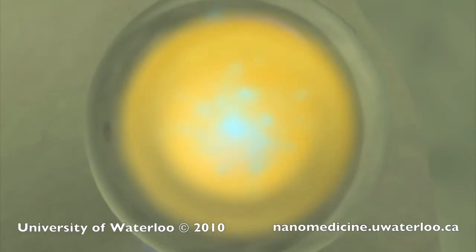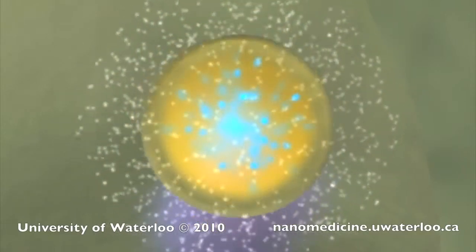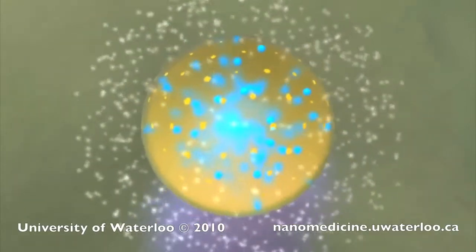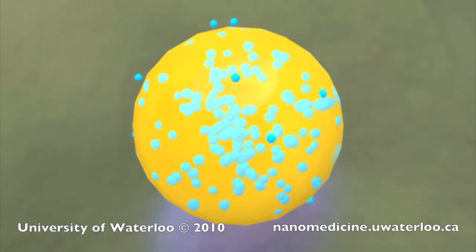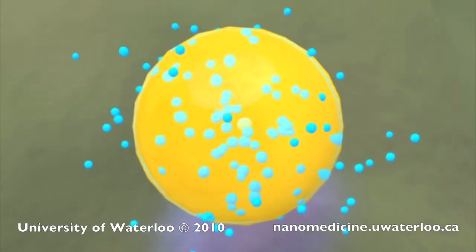The anti-cancer drugs can be released in a controlled manner by the degradation of the polymer nanoparticle shell. The highly toxic chemotherapy can thus be delivered directly at the site of intended action, without affecting other body systems.